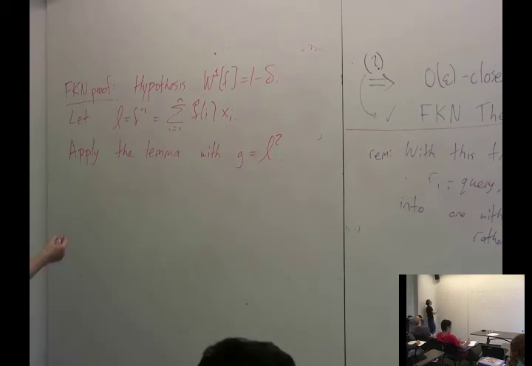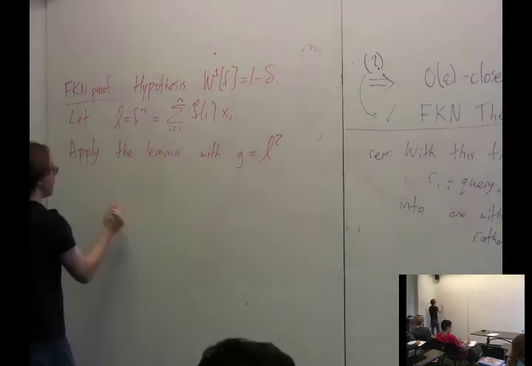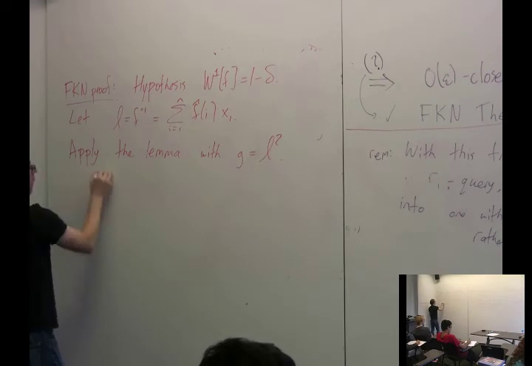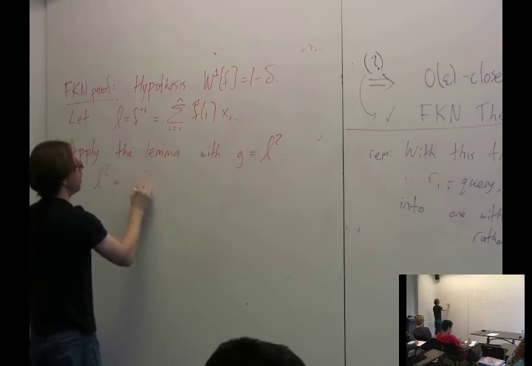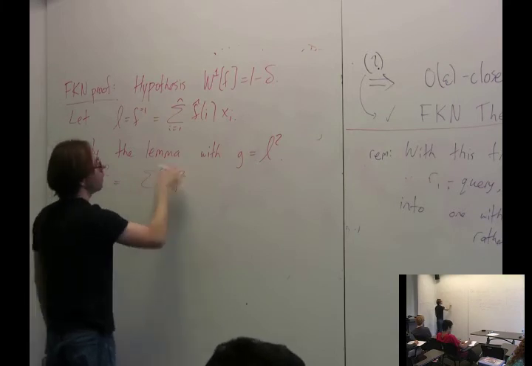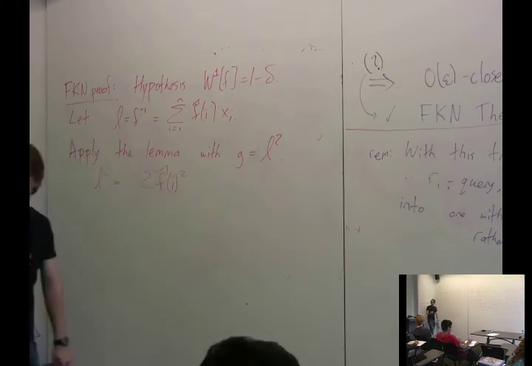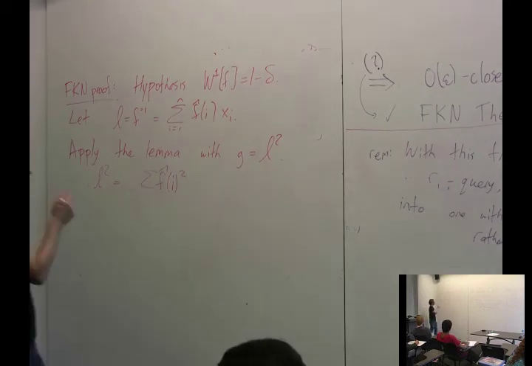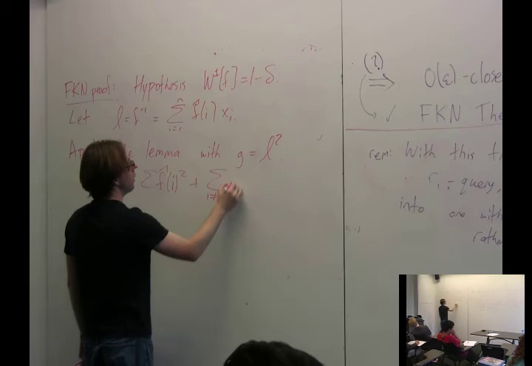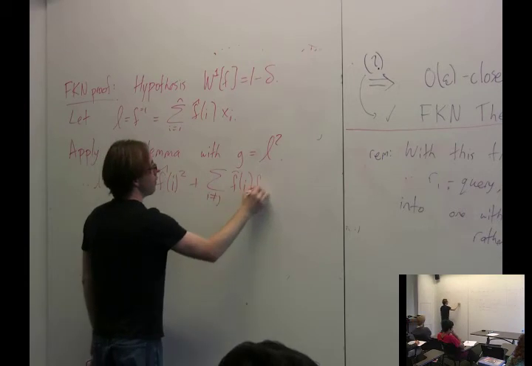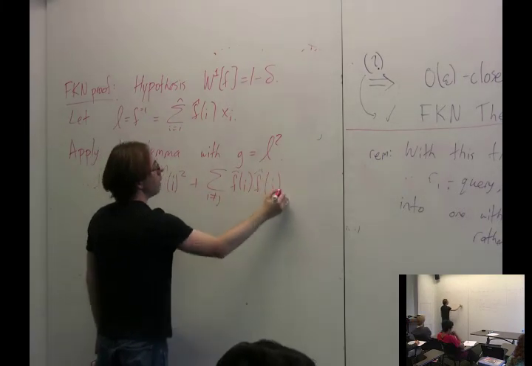Okay, so what is the square of the linear part? If I square this, what do I get? I'll get the sum of f hat i squared, xi squared, but xi is constantly 1, so that's just times 1. Plus then I'll get the cross term, sum over i not equal to j of f hat i, f hat j, xi xj.